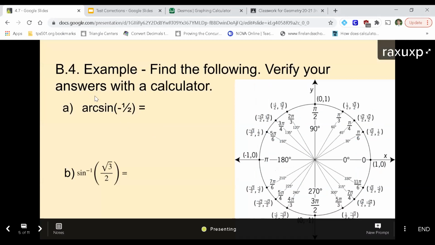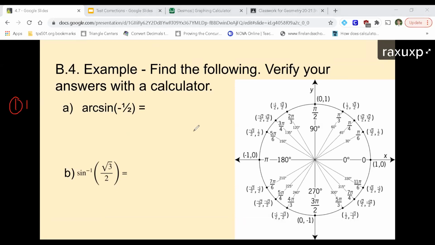For example, these are the first type of problems I think you'll see on the homework: they'll ask you to find the arcsine of different ratios. So if I want to find the arcsine of negative 1 over 2, again, it's the reverse of the steps that we did before. I will find the y value first. So if we look on our unit circle, where are our y values at negative 1/2?